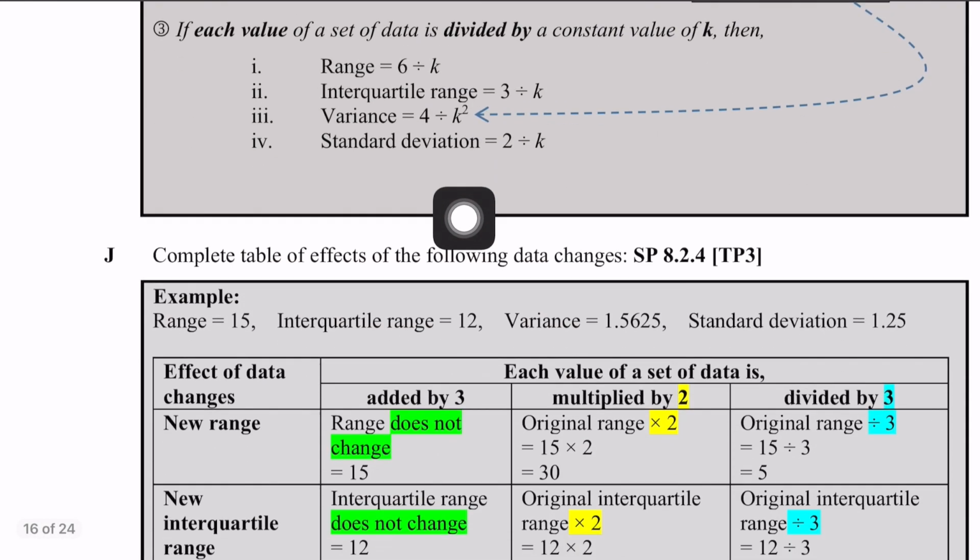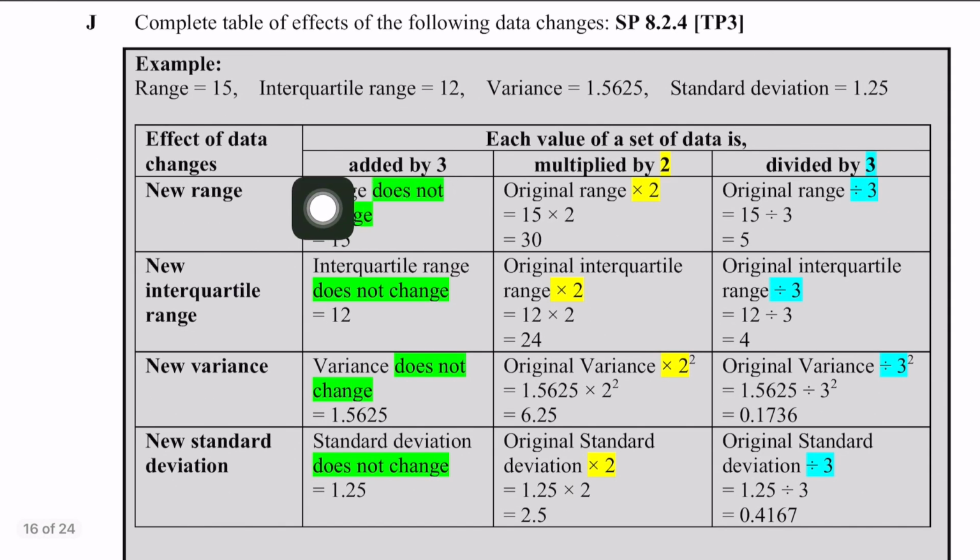Tengok, kalau ditambah 3, semua ini tidak akan berubah. All the values of range, interquartile range, variance and standard deviation do not change. Meanwhile, if we multiply by 2, the original range kita darab 2, the original interquartile range kita darab 2.